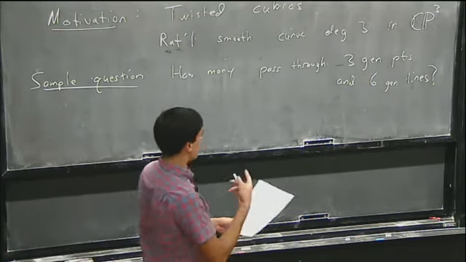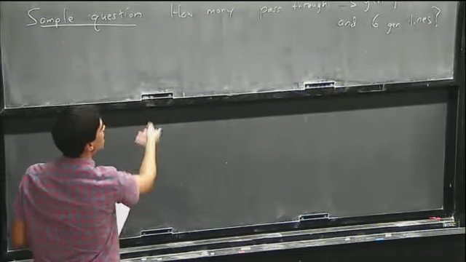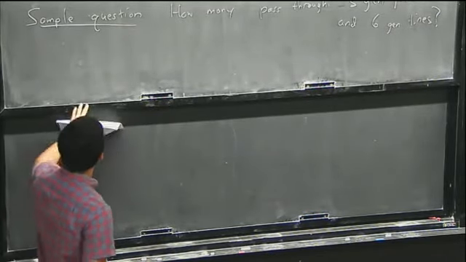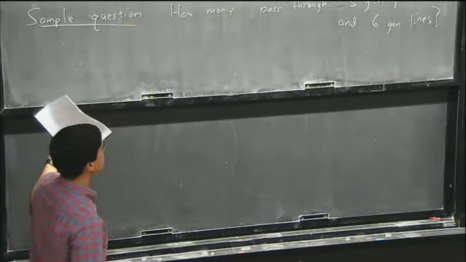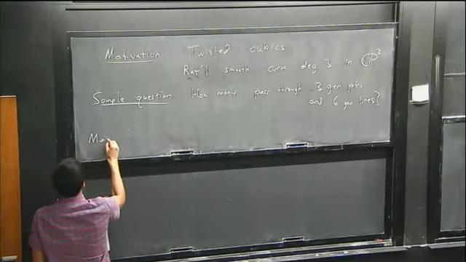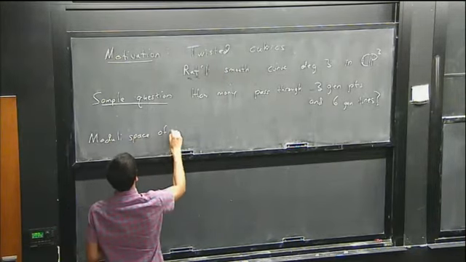Yes, I'll show that in a second, but I've cooked up the dimensions in the right way. This question comes with a natural approach. Namely, we want to consider a moduli space of twisted cubics.